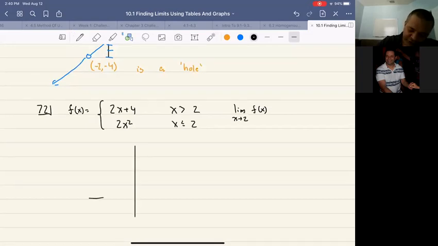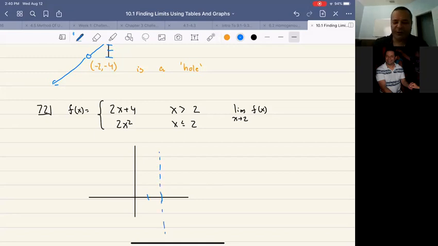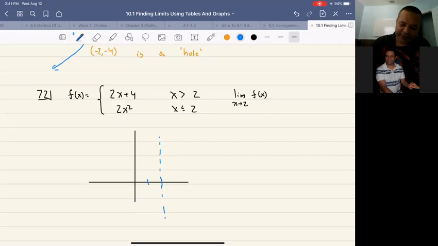Okay, so we play our drawing game. At 2 is where things change. So I'm going to start from 2 and work my way out. Okay, so x equals 2. Just drawing a very gentle line. Let's try that again. Very gentle line.